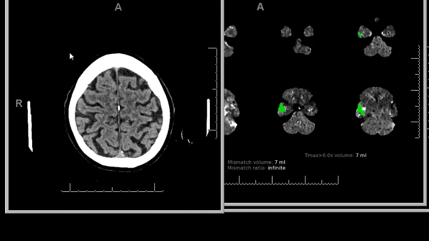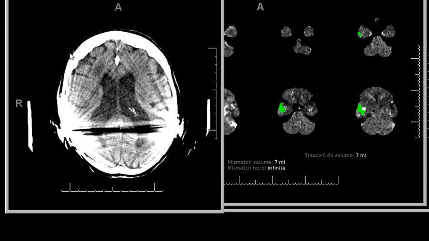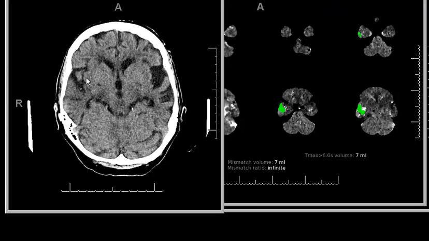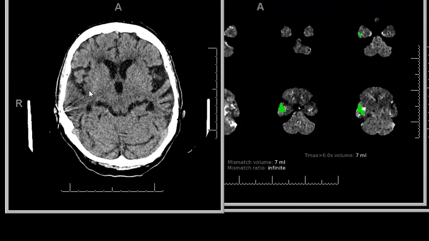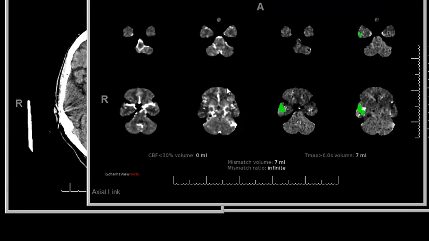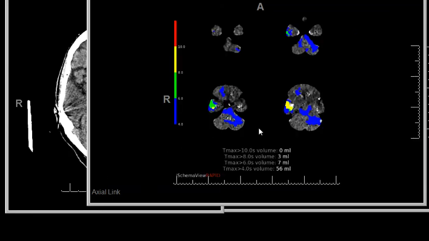Another case was suspected acute stroke, with a lot of beam hardening artifact. There was some hypodensity in the temporal lobe and the posterior aspect of the insular cortex. This is an ASPECTS score of 8, and perfusion images show the perfusion defect. Perfusion mismatch of 7 milliliters. The CBF didn't show anything. Of course, it's too late because maybe it's already stroked out.